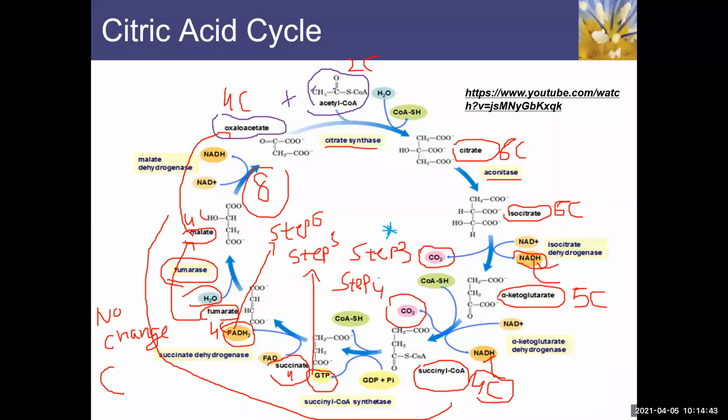At step number 4, NADH, and step number 8, NADH, right? And carbon dioxide only at step number 3 and step number 4. GTP, step number 5, and FADH2, step number 6. Okay, great.